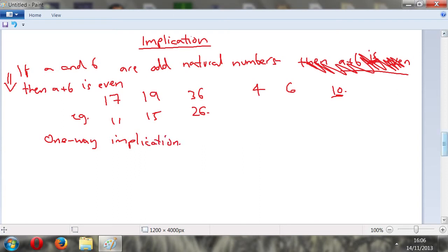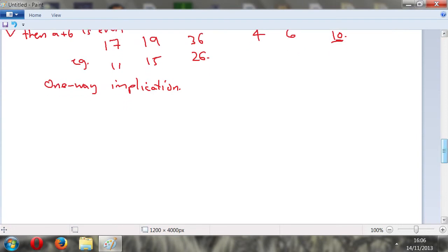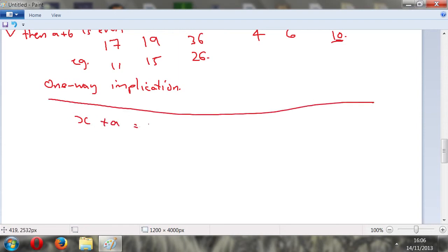Now, the other way to look at it is if we have x plus a. Well, mine's getting a bit wavy now. If x plus a equals b, then say we subtract a from both sides. Then we're going to have x here, and that's going to be b minus a.